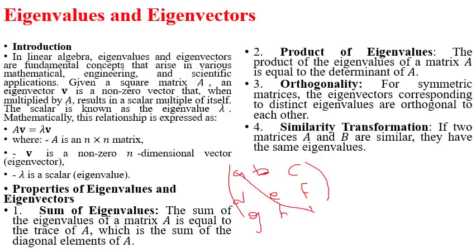So what we are saying is that the sum of the eigenvalues of a matrix is equal to the sum of the diagonal elements. All right. We'll work more on that later, so you can have a better understanding of what we are trying to say.